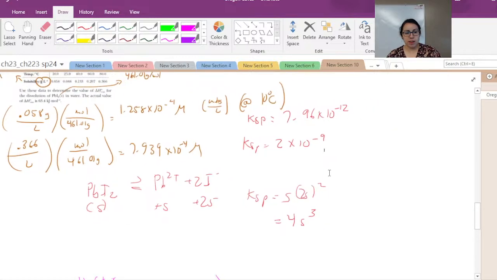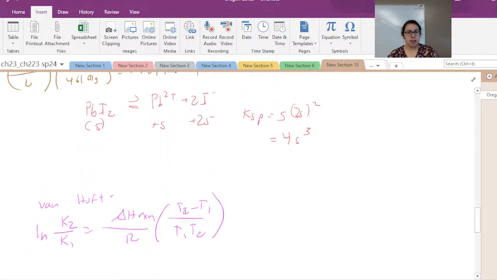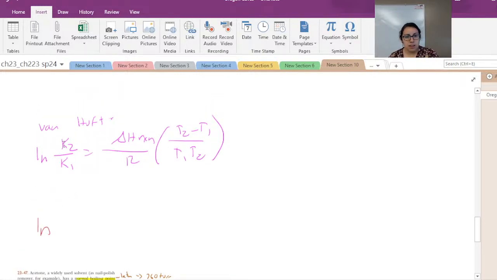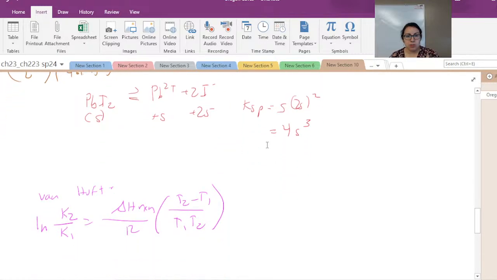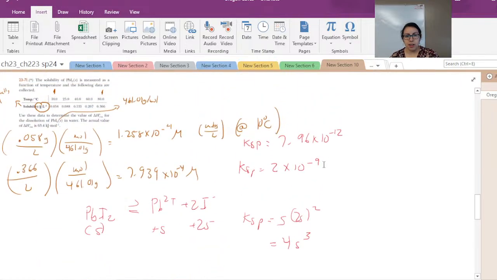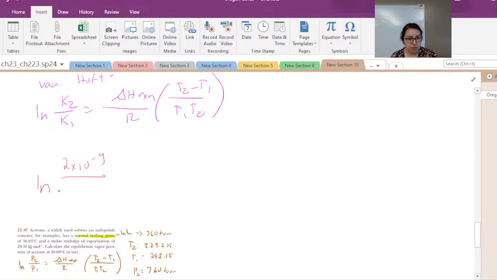Okay, and so now that we finally have our K values, we can plug them in to our equation. And again, for my sanity, I just set the 2-1 as the higher value. It doesn't really matter as long as you're consistent. So K2, I'm doing at the higher temperature, so that 2 times 10 to the negative 9, over our other K value, 7.96 times 10 to the negative 12, equals, so solving for delta H of our reaction, 8.314.